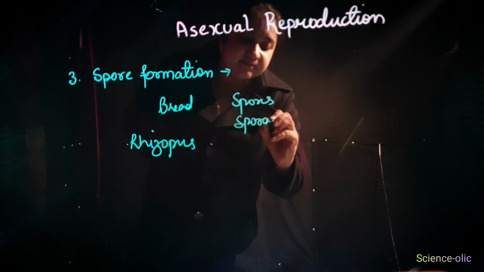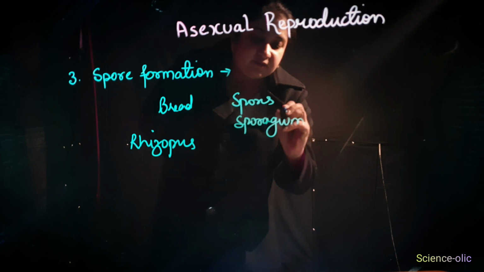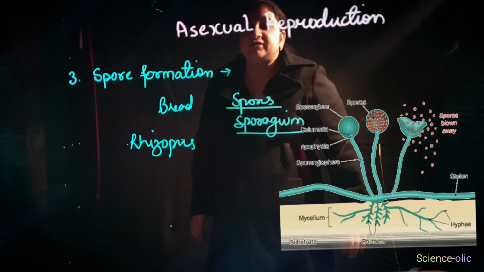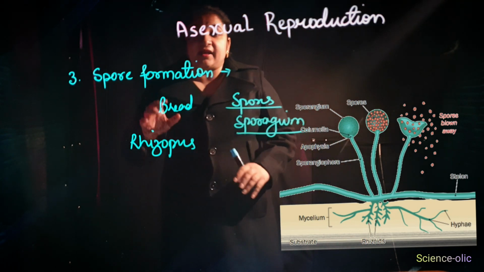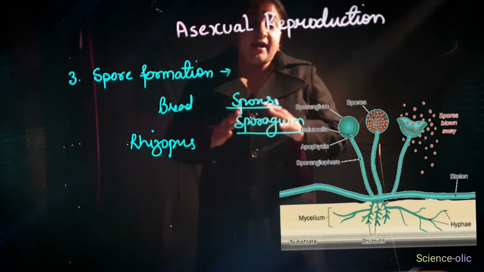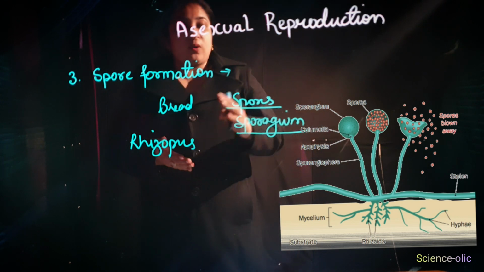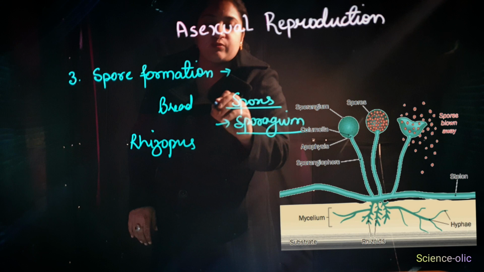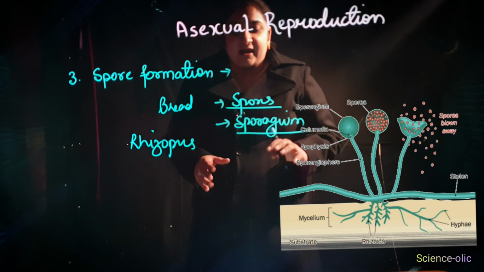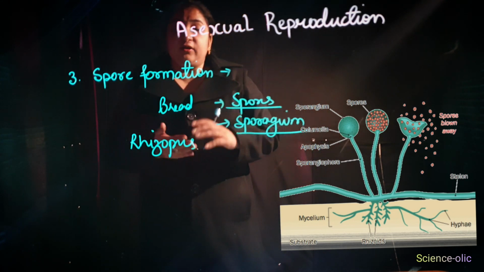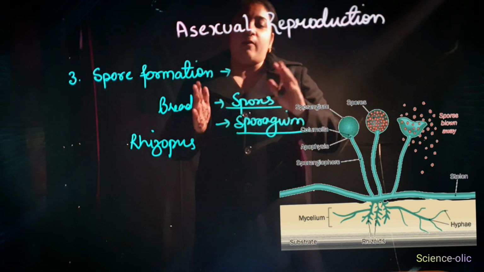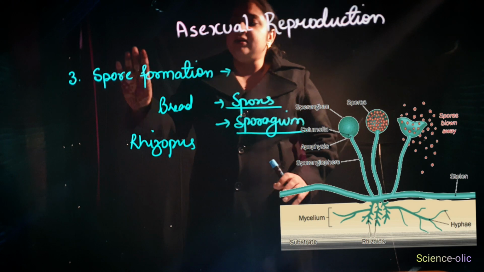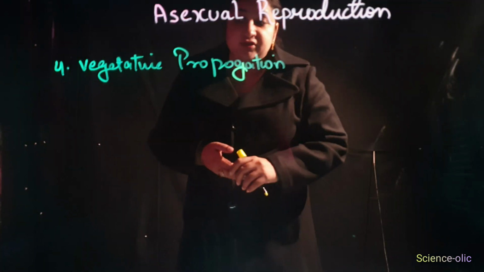These are its organs of reproduction. But before we have studied that asexual reproduction doesn't have any organs, but I don't know why it is placed here. It consists of sporangium and spores that are formed on the body, and a new plant is regenerated from the spores. Fine. This is all about spore formation.